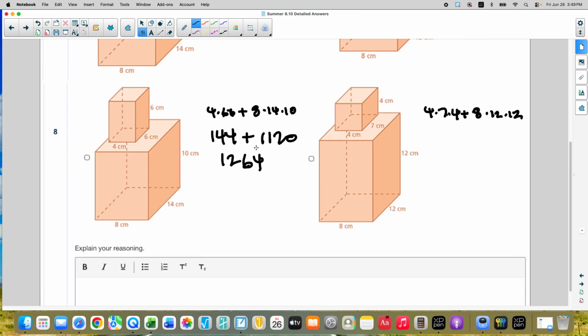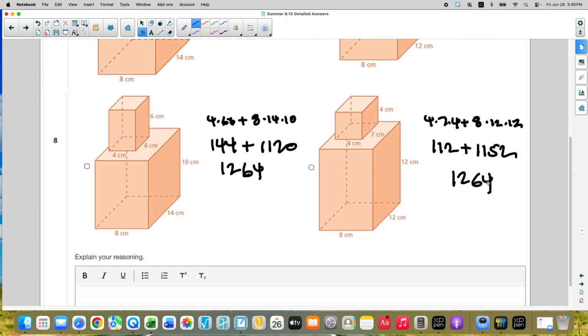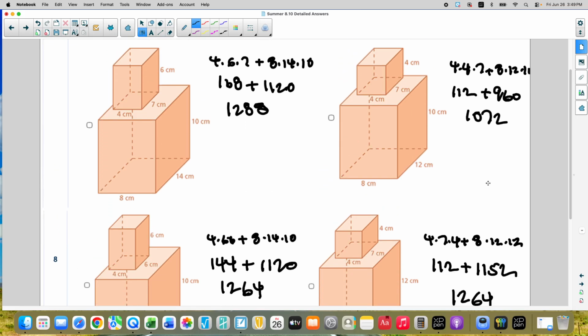It's going to be 16 times 7, which is 112, plus 144 times 8, 1152, plus 112 gives us 1264. Okay, so they have the same volume.